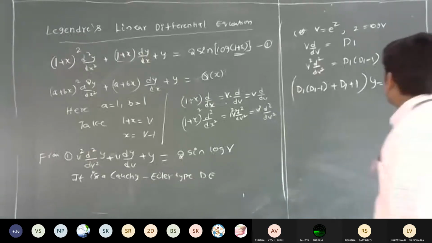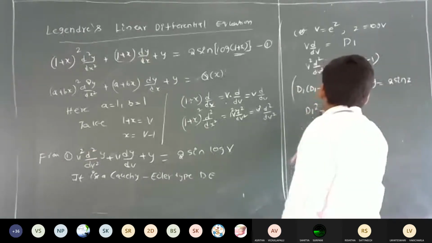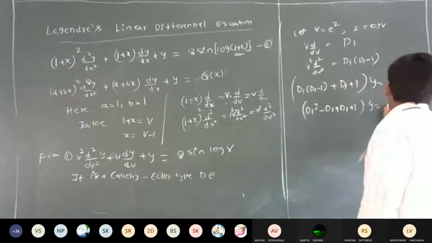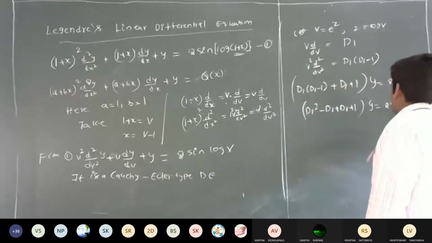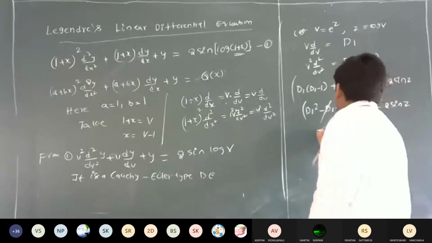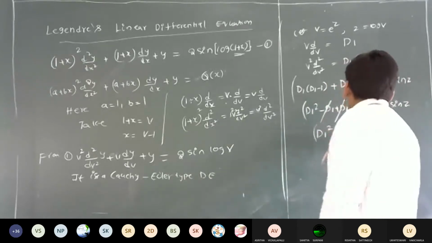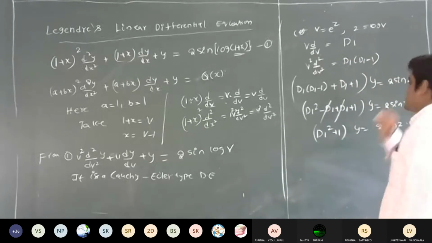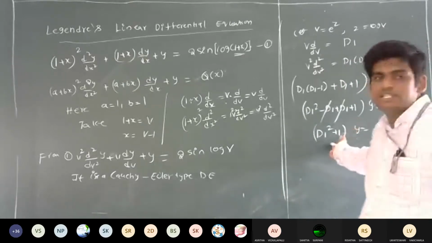So therefore this is D1 square minus D1 plus D1 plus 1 into y is equal to 2 sin z. Here minus D1 and plus D1 cancel, so (D1 square plus 1) into y is equal to 2 sin z. Now we will solve this equation.